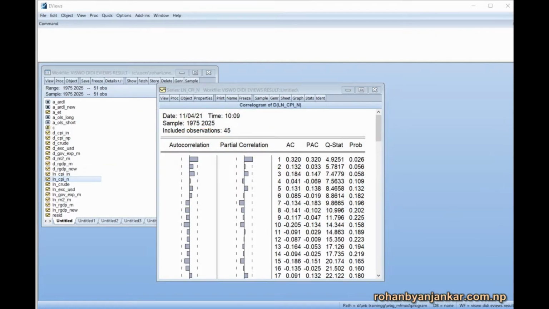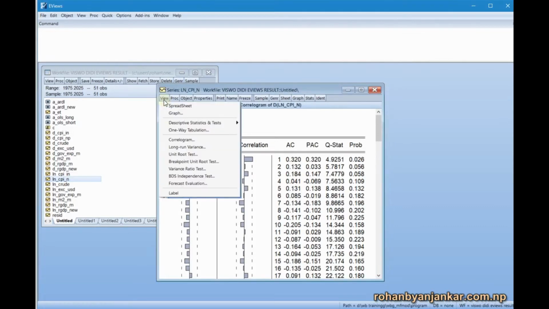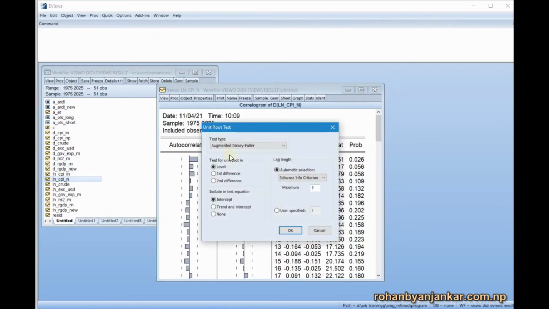There are several unit root tests, and we can run this by clicking View and going to Unit Root Test. We can click on levels, and we will click on trend and intercept. Why take trend and intercept?